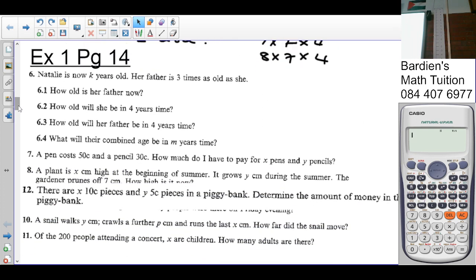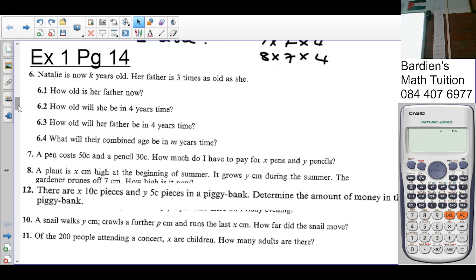Let's look at number 6. Natalie is now K years old. Her father is 3 times older than she is. So if Natalie is 12, how old is the father? 36. You must multiply by 3. If Natalie is 2, okay, it's not going to make sense, no? According to them the father will be 6.